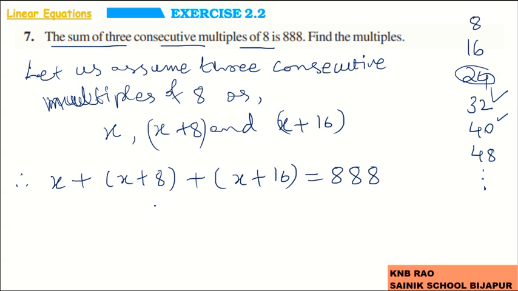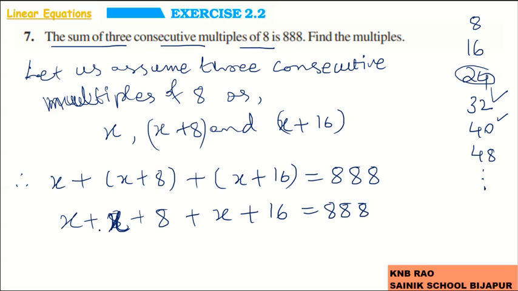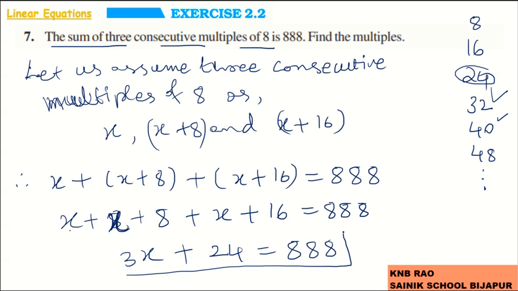Now you know how to remove the brackets. After removing the brackets, you will get x plus x plus 8 plus x plus 16 equals 888. Now x plus x plus x gives you 3x, 8 plus 16 gives you 24, which equals 888, and this is the equation we have formed for solving this question.